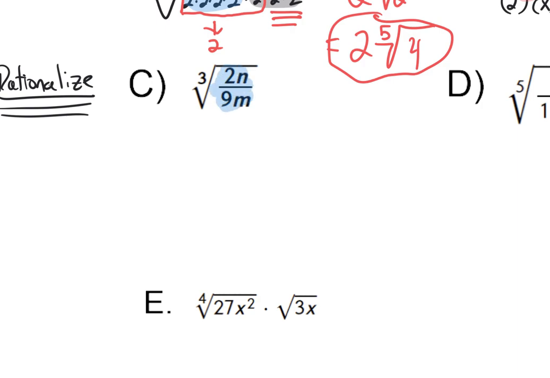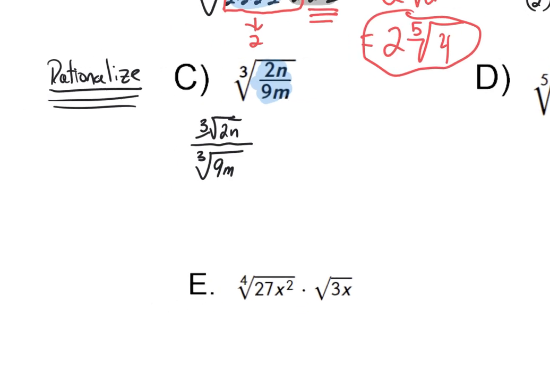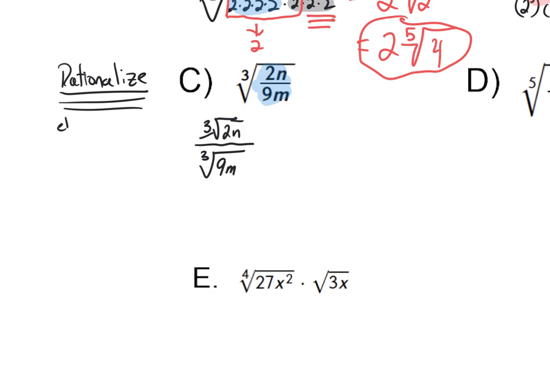I cannot simplify there. So I'm going to make it the cube root of 2n over the cube root of 9m. My goal is to eliminate, when we rationalize, right, we want to eliminate the radical in the denominator.